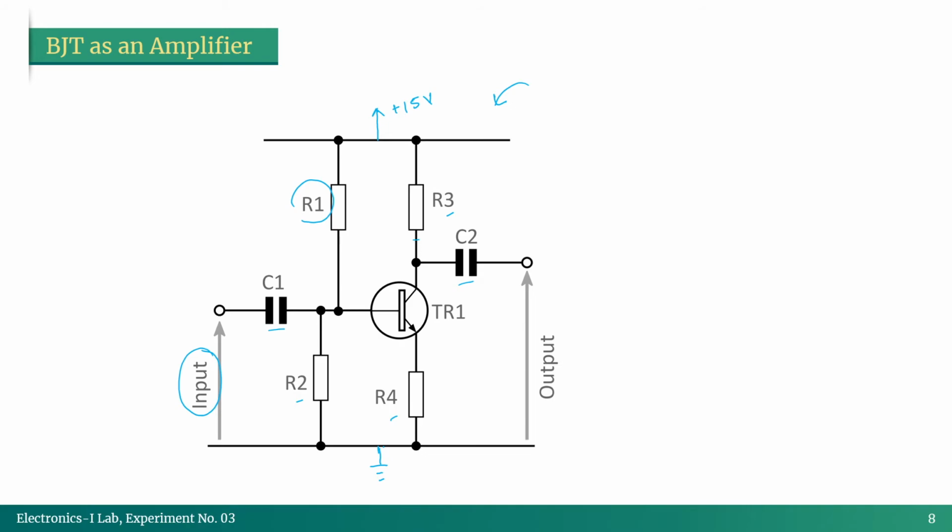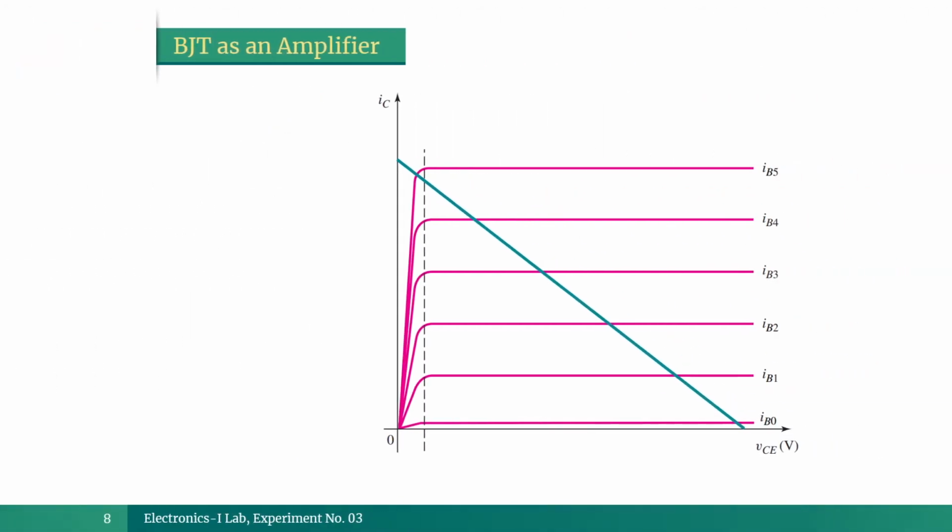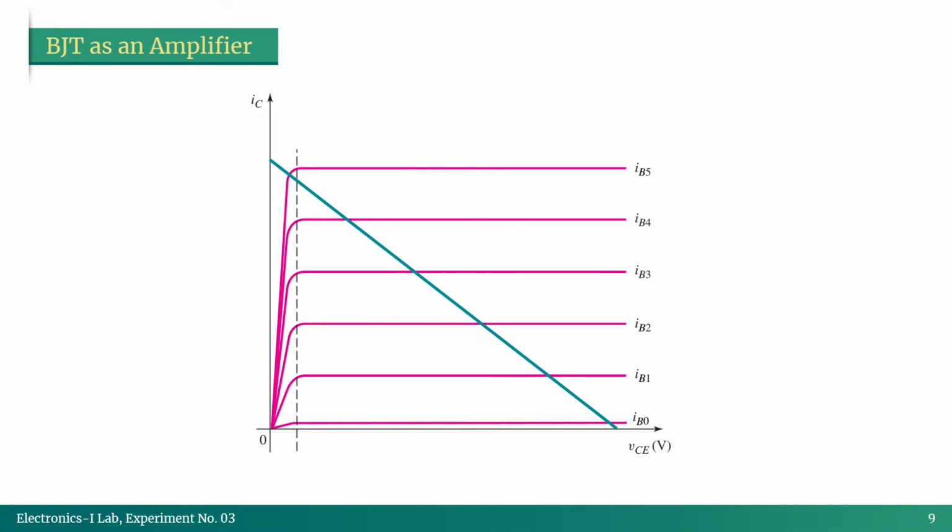Okay, so I think you already know what is the purpose of biasing, why we do biasing in our transistor for amplification. The basic idea is that we need to find a desired Q point, an operating point, so that our input can be amplified without any chopping off. So what is chopping off? Let's discuss that. This particular graph is already known to you.